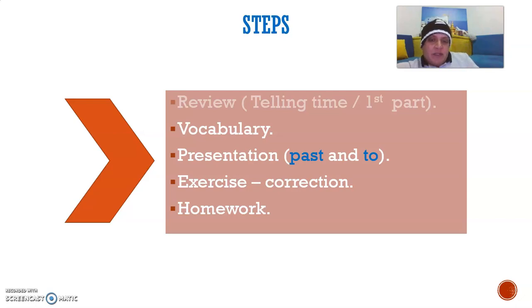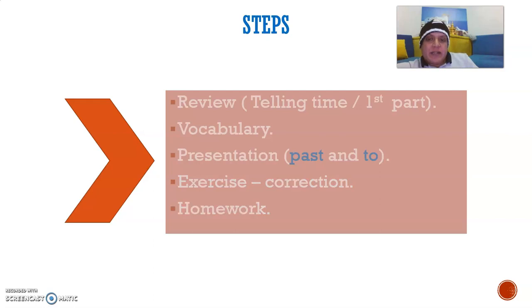We will have an exercise to practice such words, past and to, and then we will end up with the homework. Of course, our exercise will be with the correction.